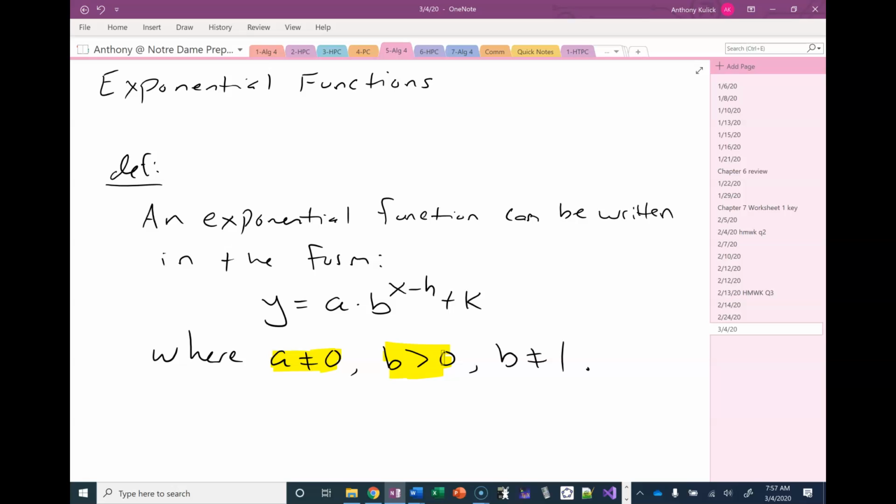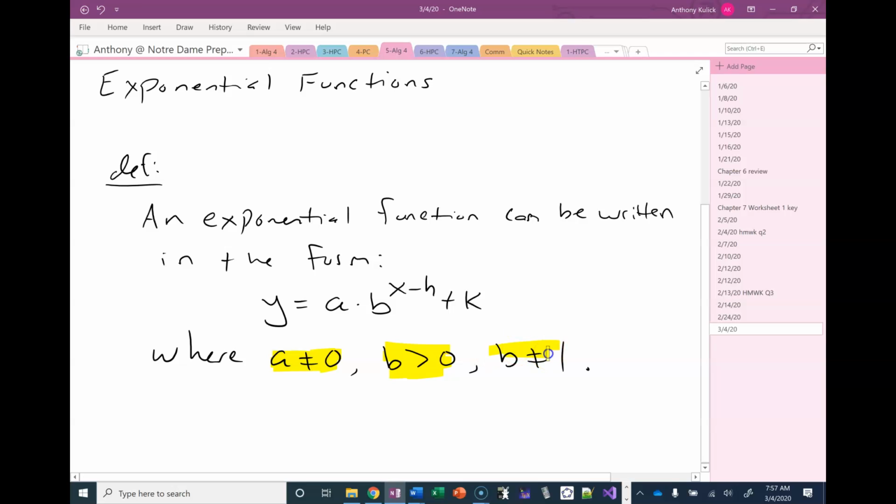So if I have an exponent that's a fraction that has an even denominator, like if the exponent was 1/2, we know that's the same as a square root, and that's a problem if we're having the square root of a negative number, right? So that's why b has to be positive, because x is in the exponent. The exponent could be something like 1/2, which would give us problems if we tried to do a negative number to the 1/2. Everybody's okay with that idea?